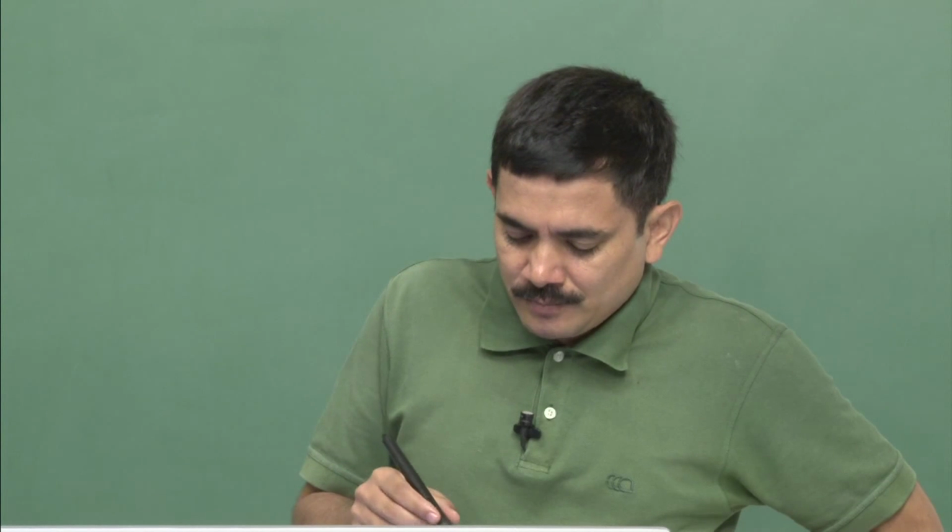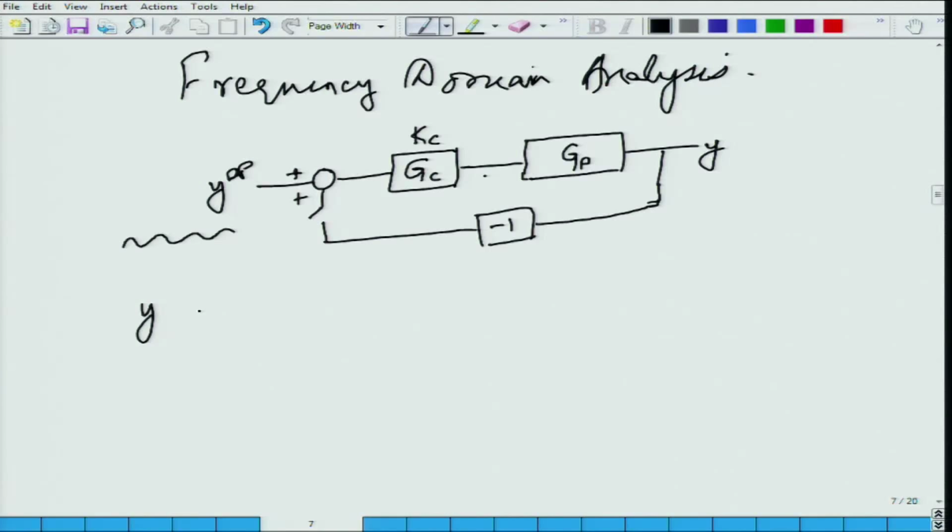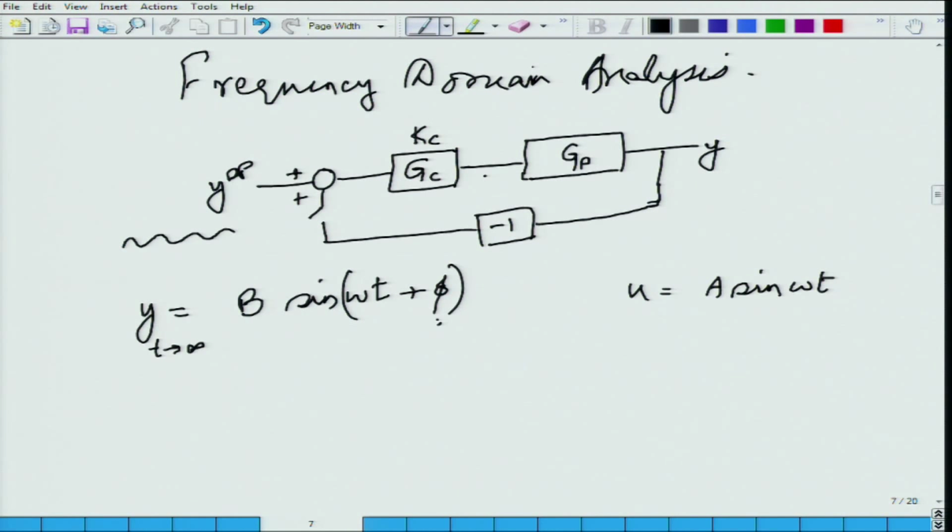If you have a linear system being forced by a sine wave, u equal to a sine omega t, then the output will settle as t tends to infinity into another sine wave which has the same frequency and a phase lag.